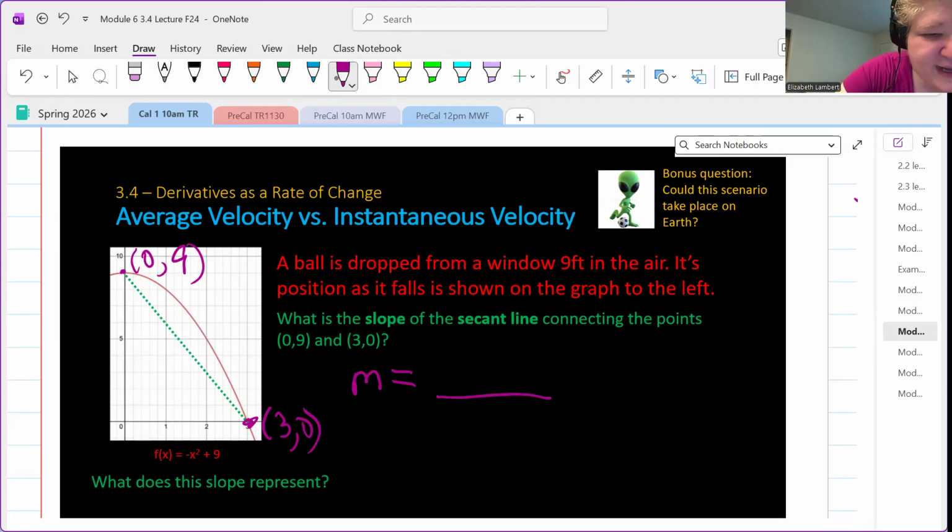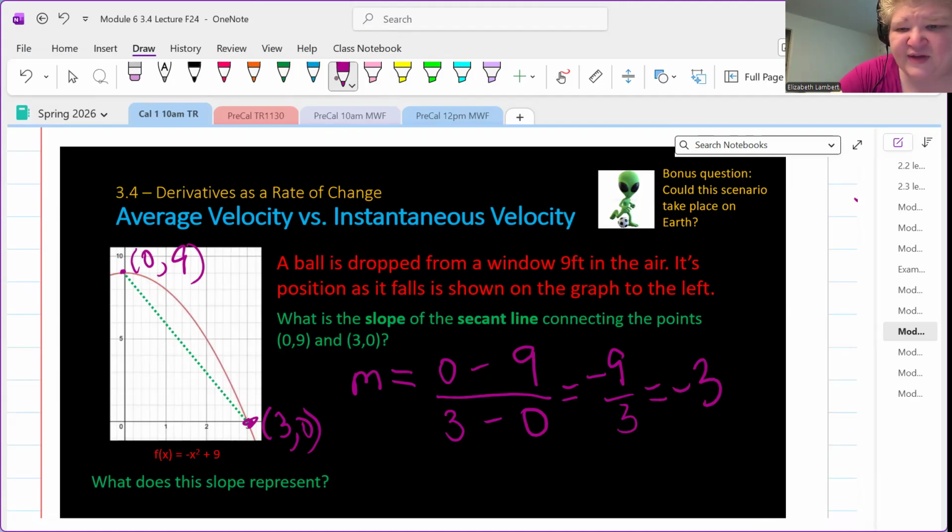So I usually pick the one on the right as the first one. So my y value is 0, my x value is 3. Then I put my minuses. Now my y value is 9 and my x value is 0. So 0 minus 9 is -9. 3 minus 0 is 3. So I have a slope of -3.